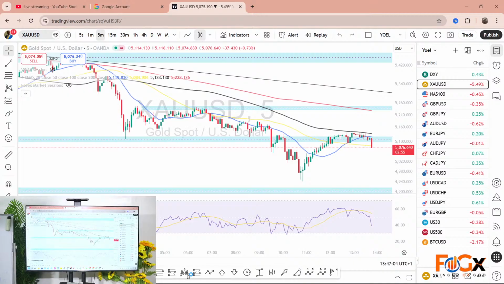Can you see the gold now? Now showing that you want to sell.